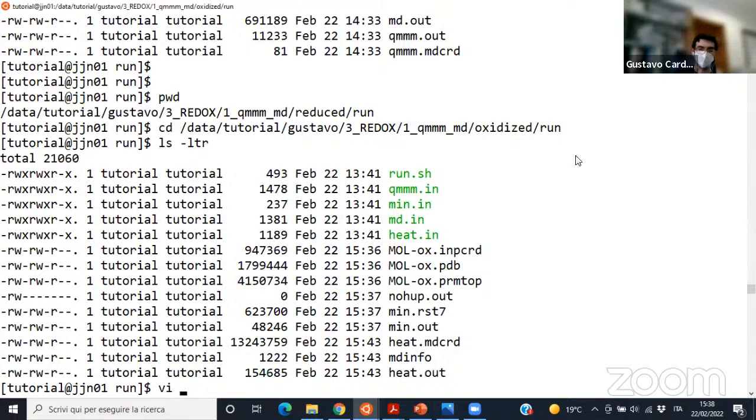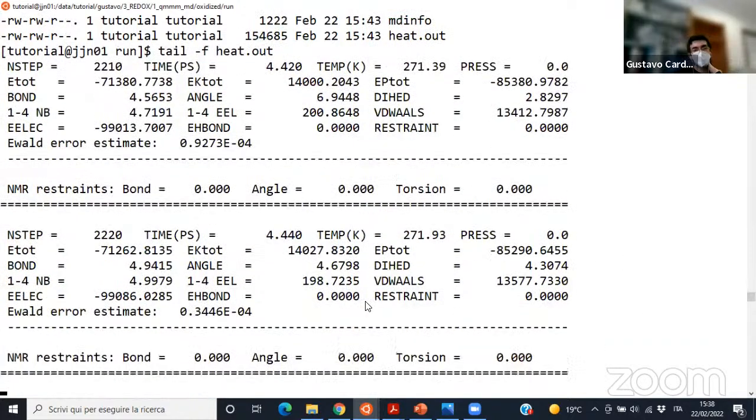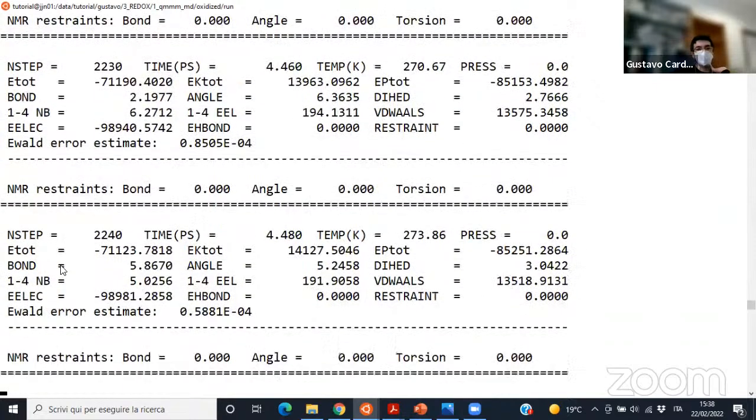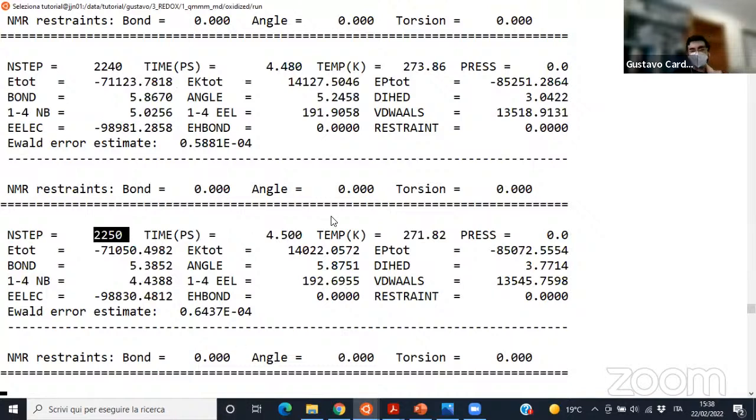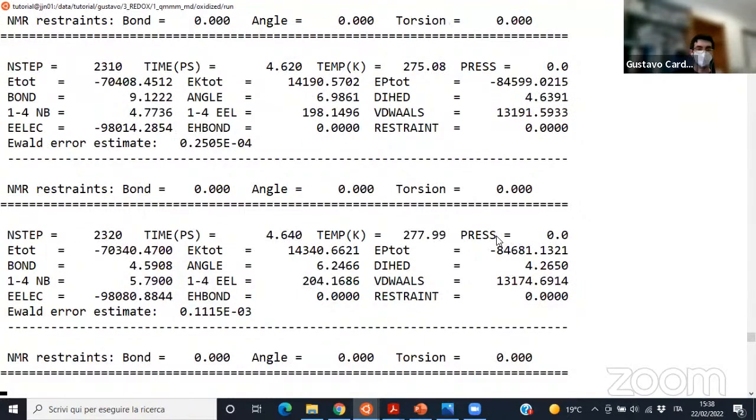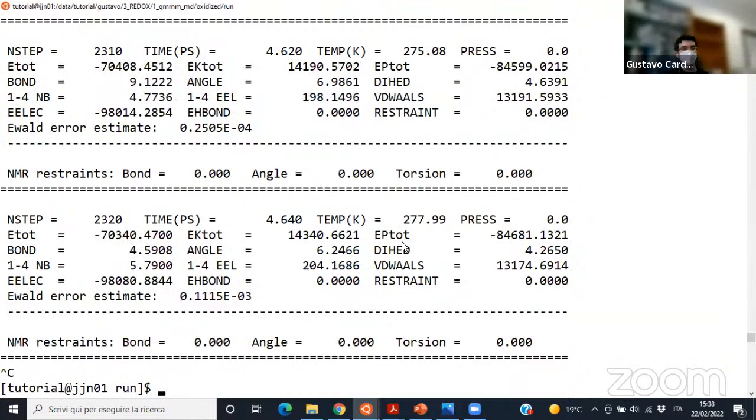Let's see at what time step it is. So let's do this magic: tail -f heat.out. I think it is at 3,000 time steps. It's still going to take a couple of minutes more. The good thing is you can see that hopefully it is getting to the temperature we're interested in.